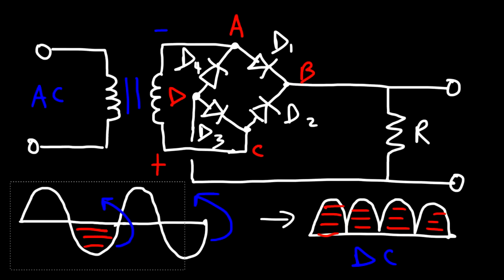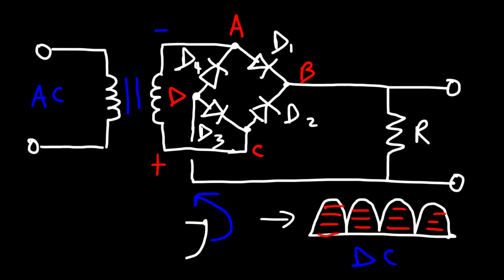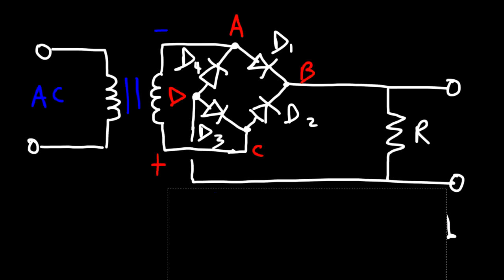Now, one of the first things that we can do is add a capacitor parallel to the resistor. And the capacitor will basically filter out variations in voltages.